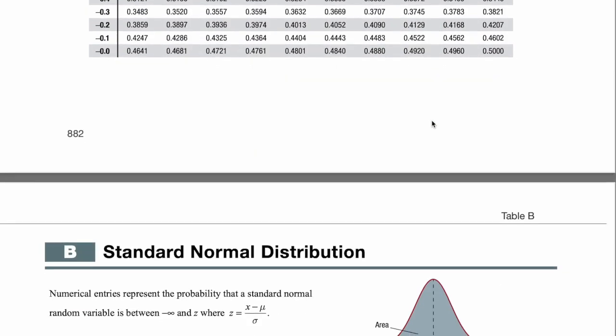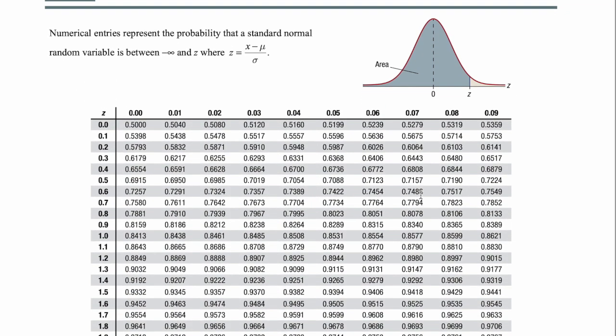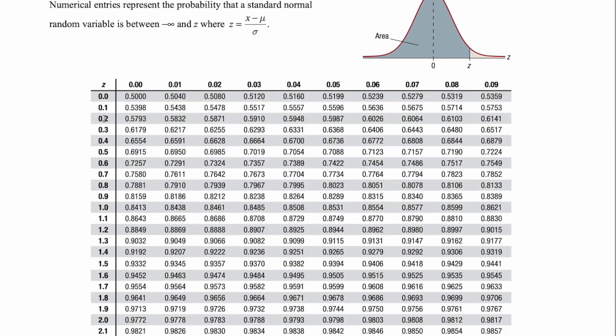Now, our value that we got for Z is positive. So I'm going to use table B, and our value of Z was 0.4. So I'm going to come down and look for Z is 0.4. And if you notice, that's right here where I highlighted 0.4. Now these values across the top will be if you go out an additional decimal place into the hundredths. So for example, if I got that my value of Z was 0.45, I would start off with 0.4 here and I would come across, and this right here would give me my hundredths place.